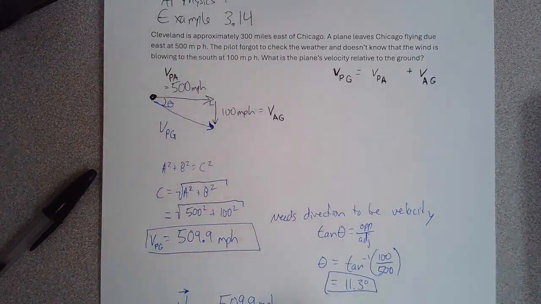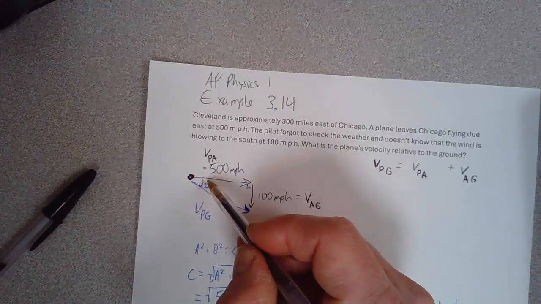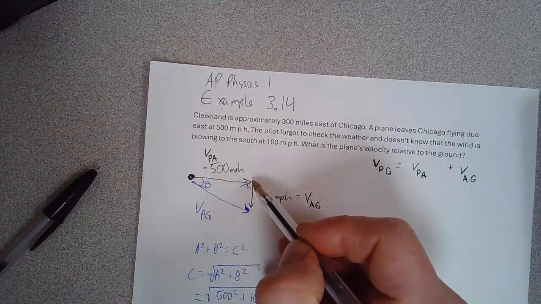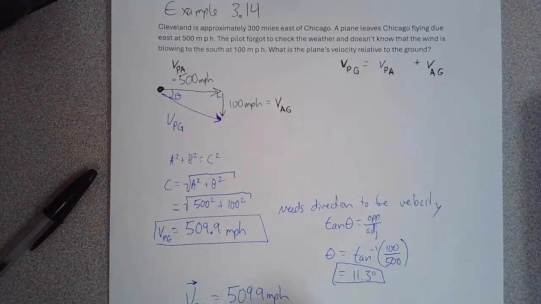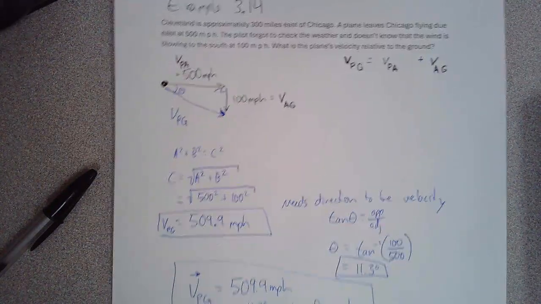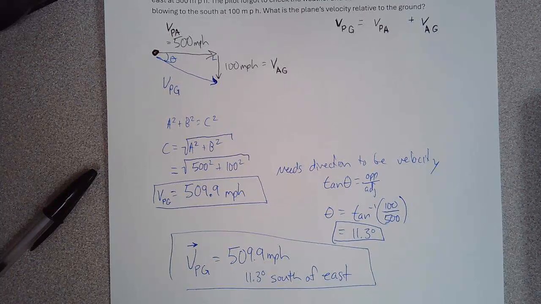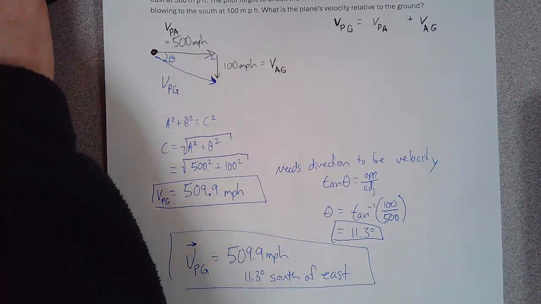Okay, so 11.3 degrees south of east is just telling me, look east and then go 11.3 degrees south, and that is the exact direction that I am traveling. So that would be my final answer for that question. Hope that's helpful.